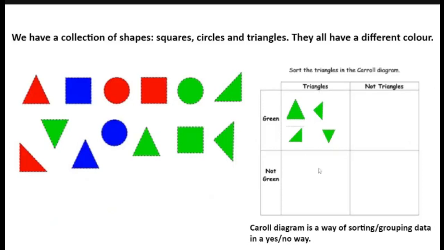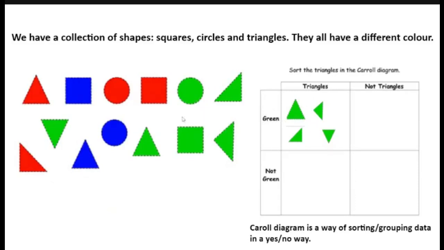Now, again, here we can put triangles, but not green. And here we can put not triangles, but green. So, every shape that is not a triangle can go here, but it must be green.